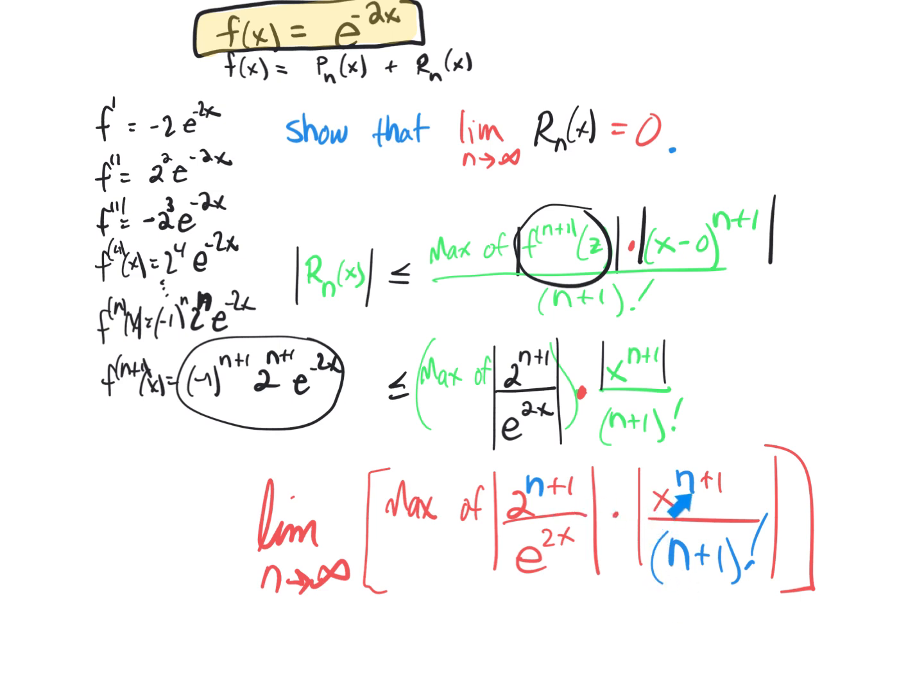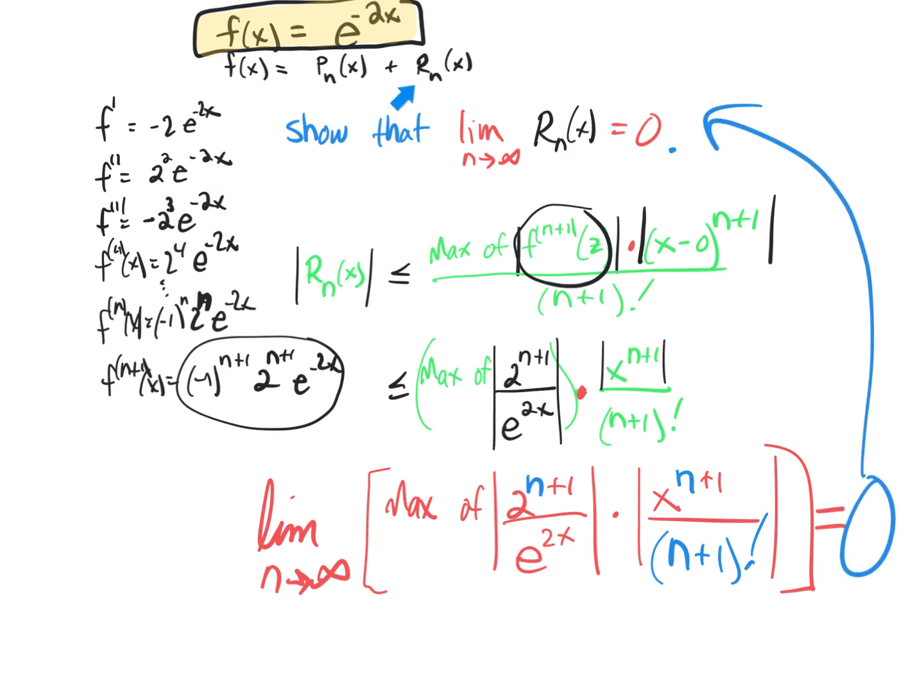So in the numerator, we're going to have a power function times a power function divided by, this is just a constant, and then a factorial function in the denominator. But we know that factorial functions grow faster than power functions, or even faster than products of power functions. Therefore, this limit is definitely equal to 0, and we're done.